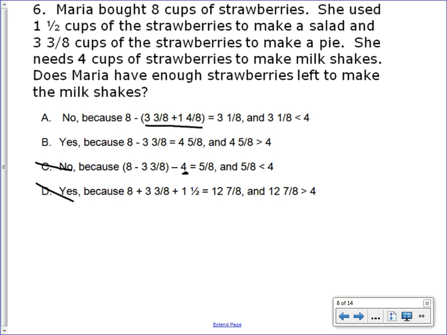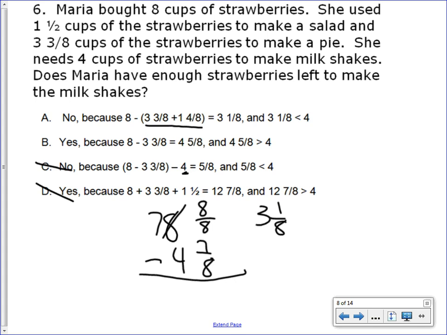When they subtracted that, that's 8 minus 3 plus 1 is 4, and 7/8. When you subtract those, you've got to borrow: 7 and 8/8 minus 4 and 7/8, which would give you 3 and 1/8. She needs 4 cups of strawberries to make milkshakes, and 3 and 1/8 is not enough. So your answer here would be A.